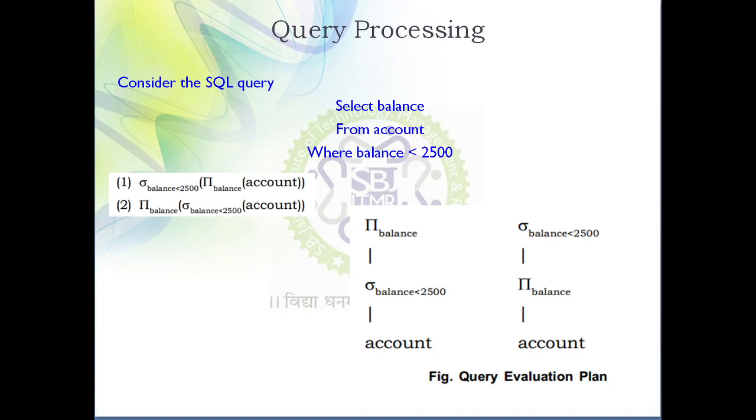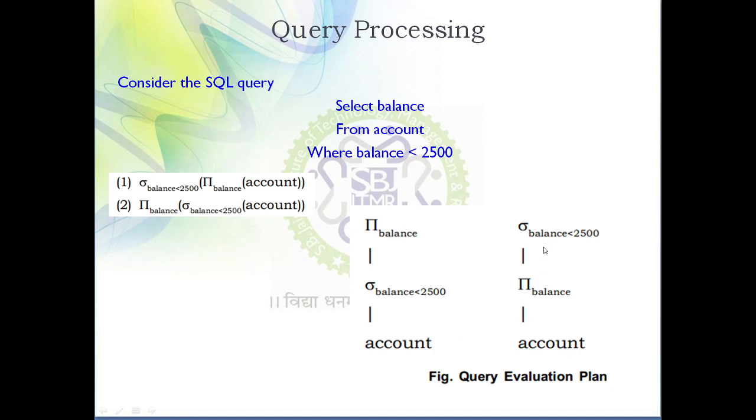So which query evaluation plan is more efficient, the first one or the second one? In this case, first you apply the condition, that is, you just filter. The condition is that balance is less than 2500. So you get only 500 rows, and from those 500 rows you fetch the balance.